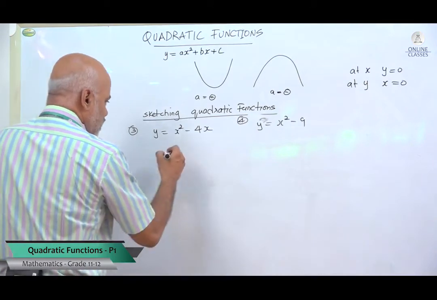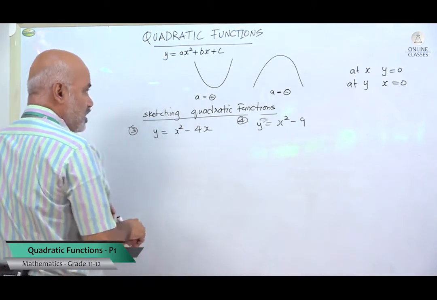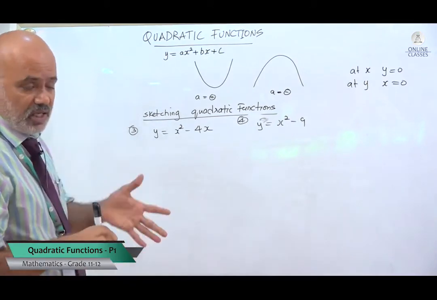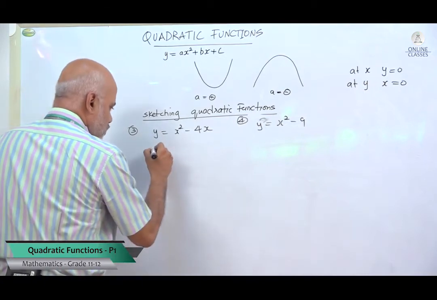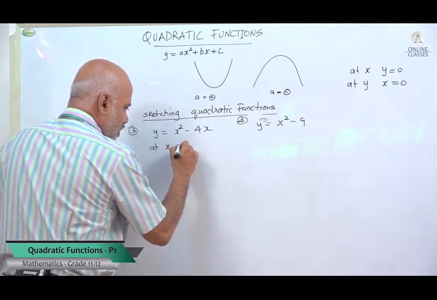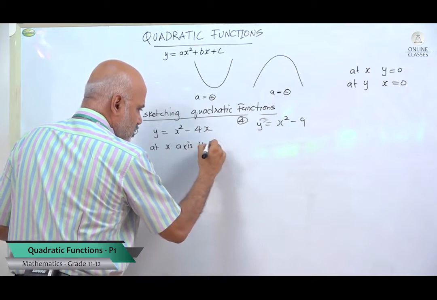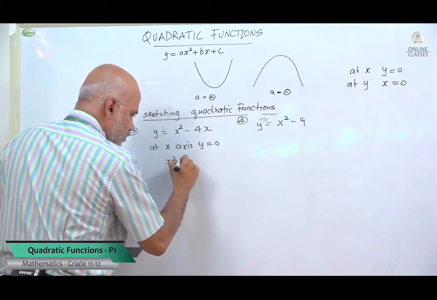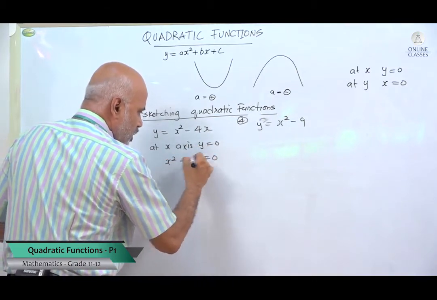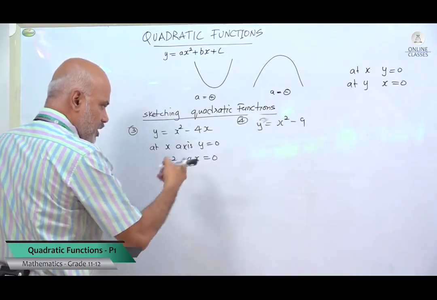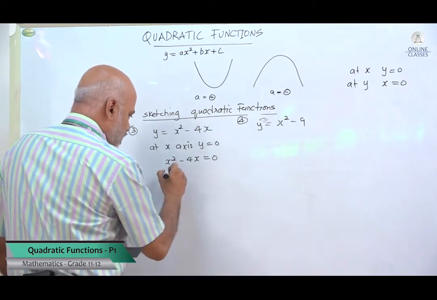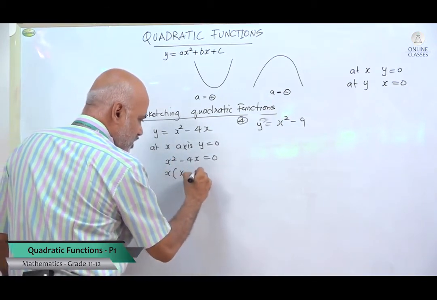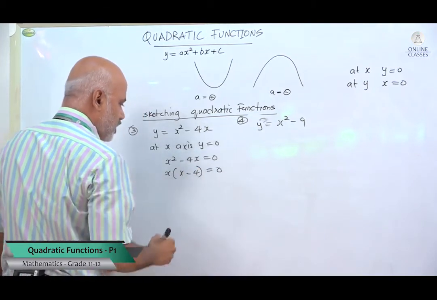First you can factorize it, and before that, as I said, the first step is at the x-axis, y is equal to 0. So equating to 0, then I need to solve. Before that I can do the factorization. Factorization is easy, you can do that part.